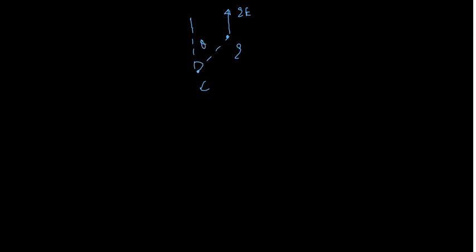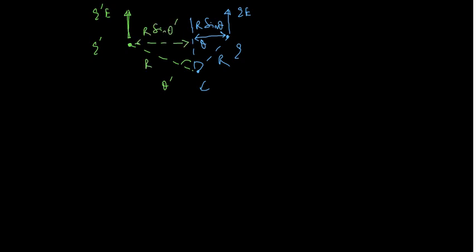If this is r, this distance will be r sine theta. On the other hand, here this is q prime, so force acting is q prime into E. This angle is theta prime, so obviously, as this is r, this distance will be r sine of theta prime.